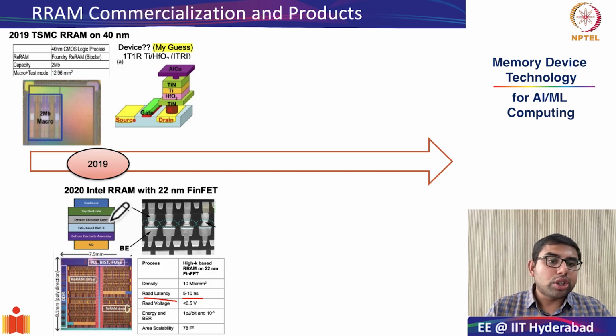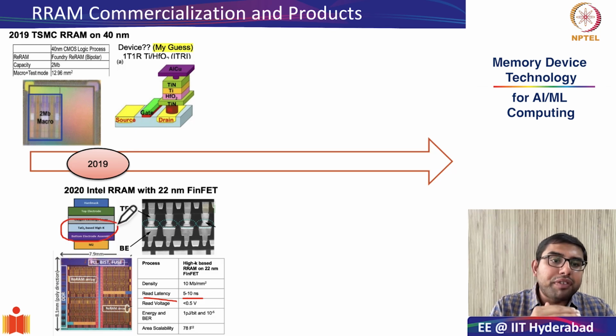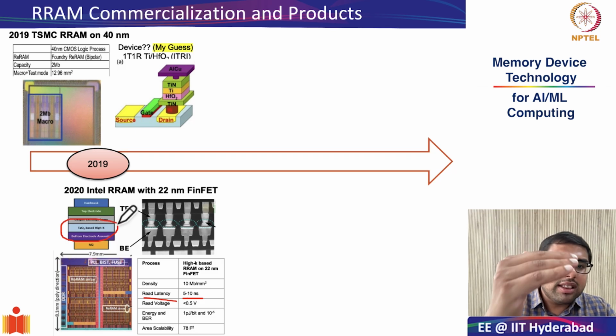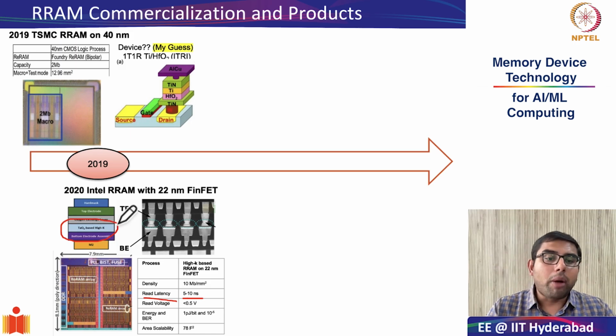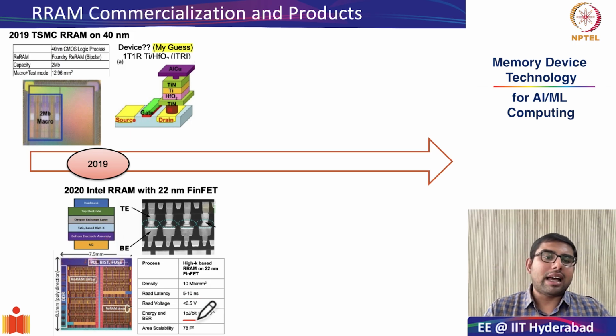Intel has disclosed that these RRAMs were also based on tantalum oxide, along with a buffer layer between the tantalum oxide and the top electrode. However, despite having very low power requirements, the area scalability was not very good, at only 78 F squared.